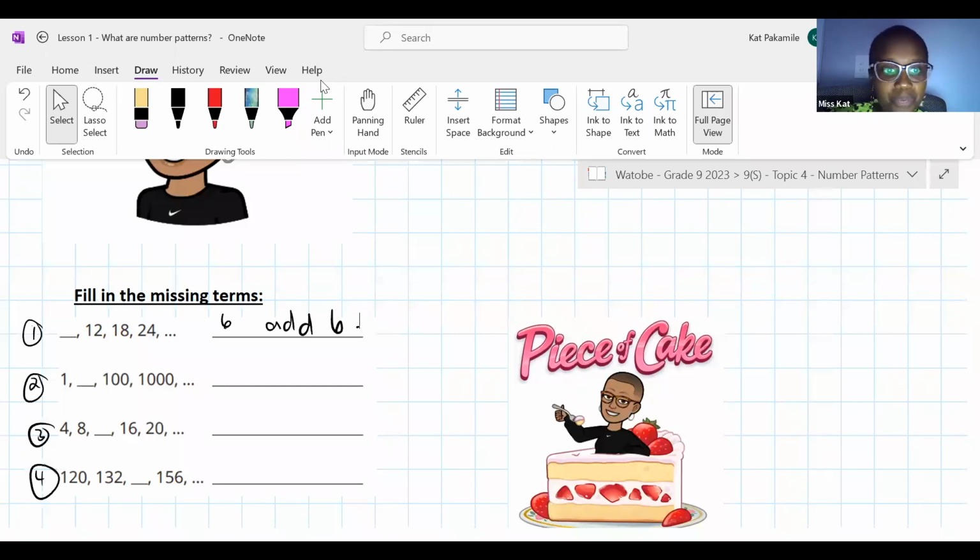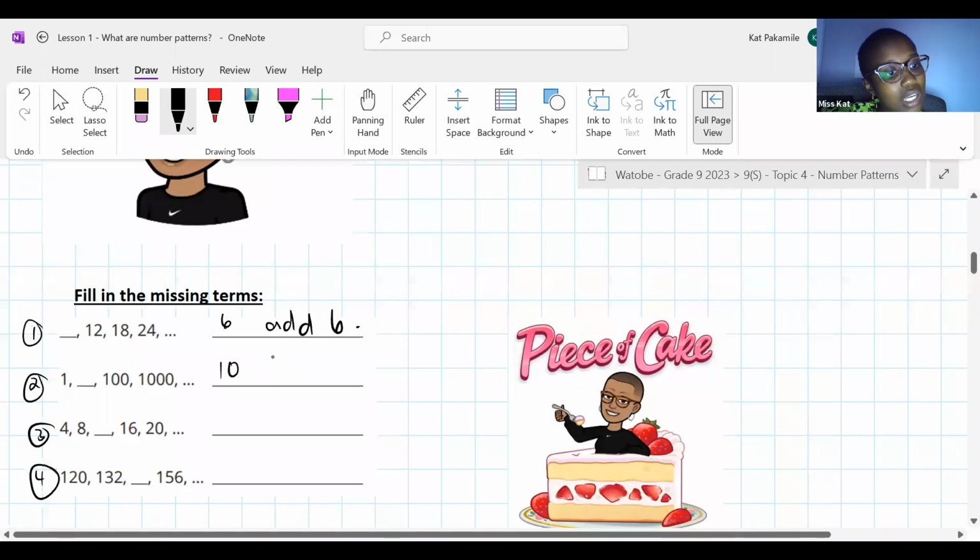Tammy? For number 2, the answer is 10. How do we get to the next term? From 1 to 10, to 100. Am I just using tens, hundreds, thousands, ma'am?